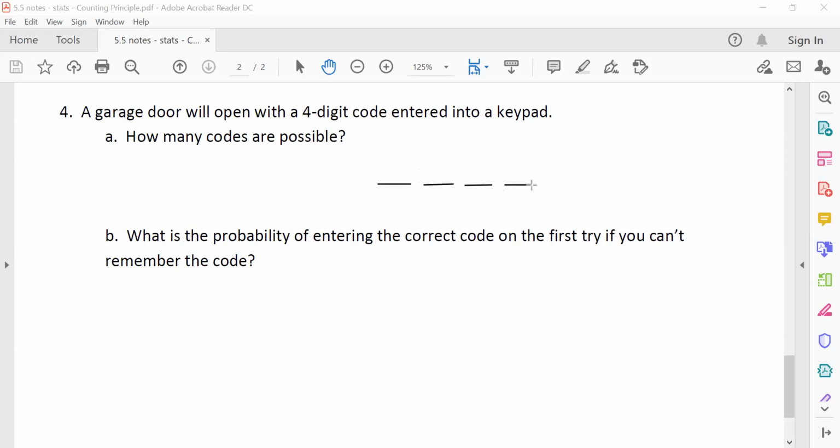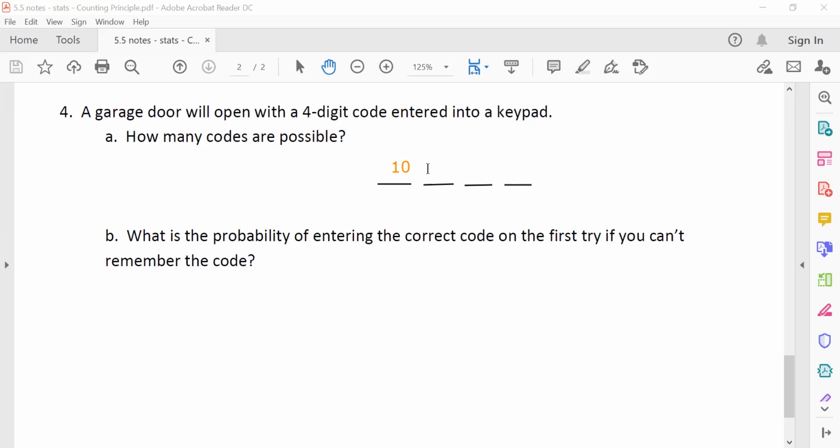I create 4 slots that represent the 4 choices I have to make. I have to make a choice for the first digit, the second digit, the third digit, and the 4th digit. And now if each of the digits can be 0 through 9, then that's actually 10 total digits if you count 0 with it. So each one of these has 10 possibilities that you can choose for.